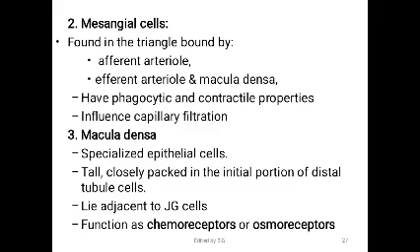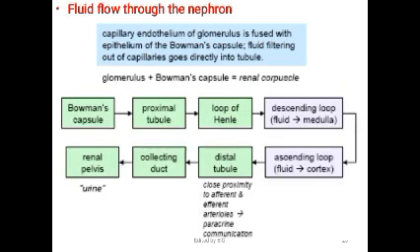They have phagocytic and contractile properties and influence capillary filtration. The macula densa is made of specialized epithelial cells, tall and closely packed, in the initial portion of the distal tubule. These cells lie adjacent to JG cells and function as chemoreceptors or osmoreceptors.